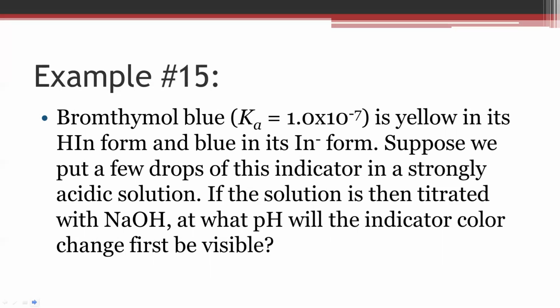Well, remember, color change happens when at least 1/10 has converted. So in that rearranged form, we can say that Ka over H plus is going to be equal to 1/10, because whenever 1/10 has been converted, we'll be able to see it, right?